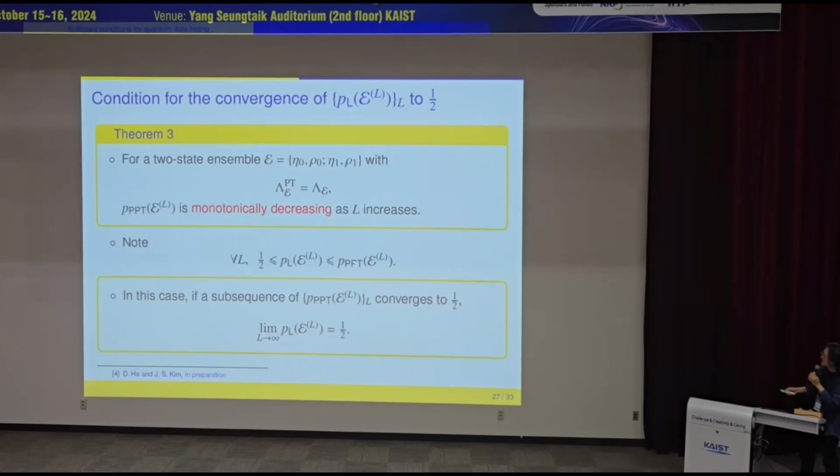And because we know that this P_PPT is always bounded below by a half, it is a monotone decreasing real sequence. So now we know that this is a convergent sequence. Then if any subsequence has limit a half, we know that the limit of this one is a half. That's the method we're going to use to bound this P_L of epsilon_L.